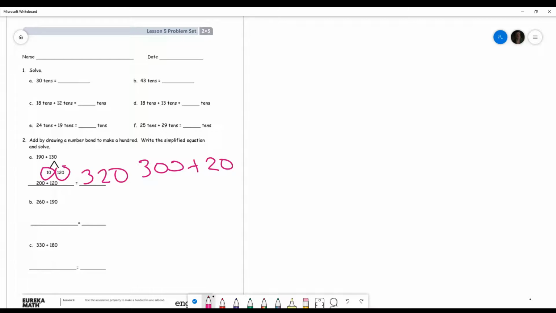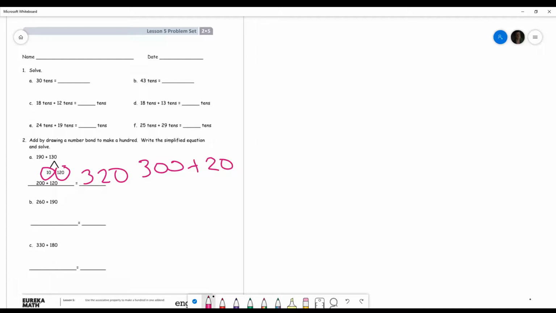So for B, you need to turn 260 into 300. Or you could turn 190 into 200. It's really up to you which number you want to turn into 100, what's easier for you. Let's look at the 190. So how many more tens do I need to turn 190 into 200?